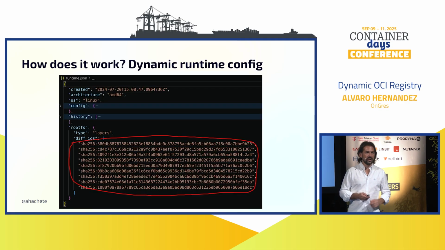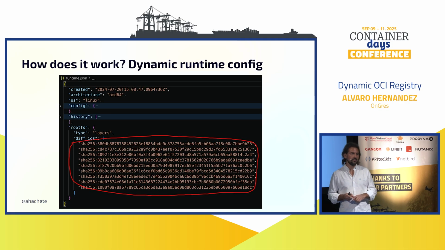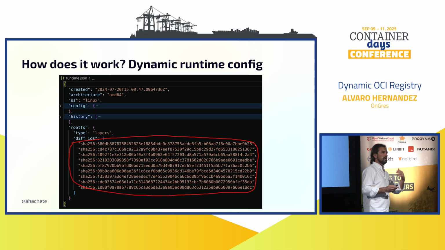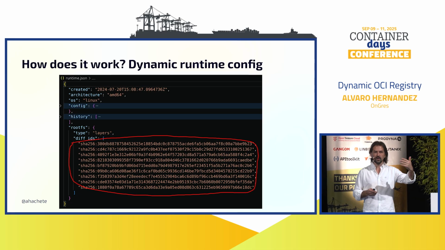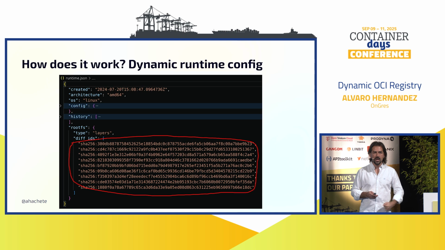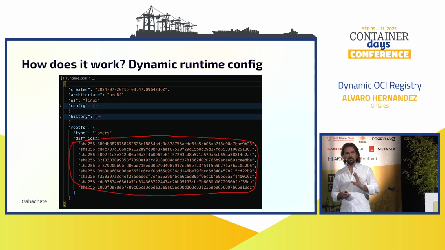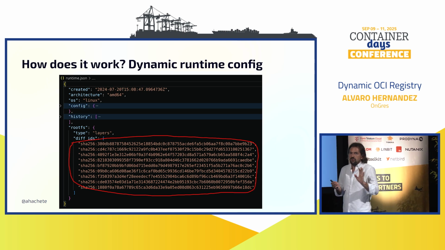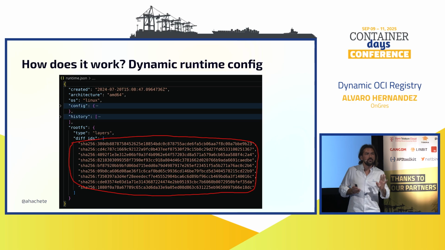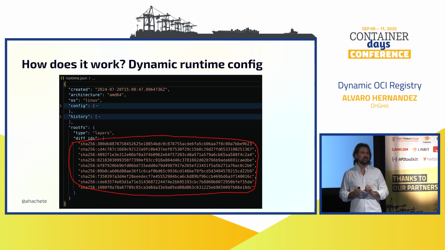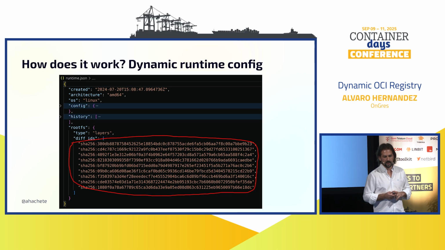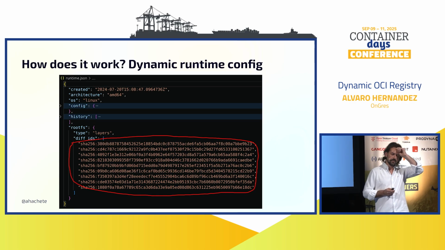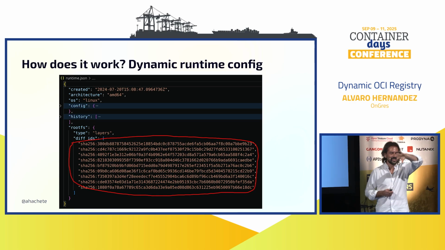So let's look first at the runtime config. The runtime config is the manifest that container runtimes need to run the container image themselves. This runtime config is for the most part static, meaning I don't need to change it, right? But there's a section called rootfs, with type, diff IDs, and history, right?